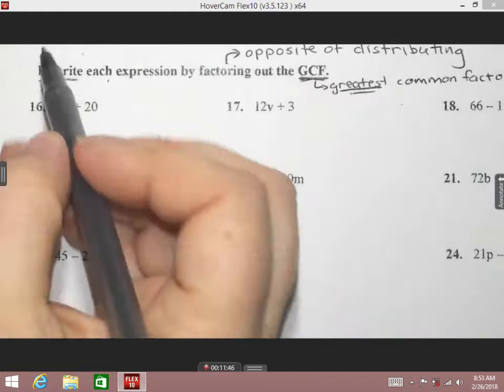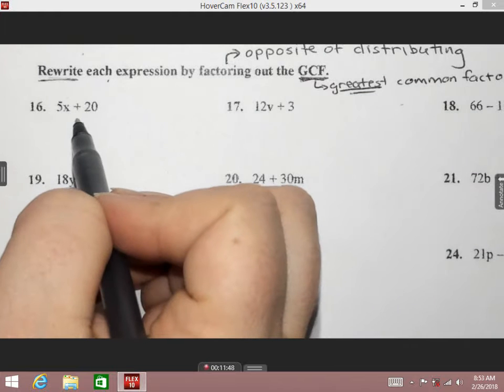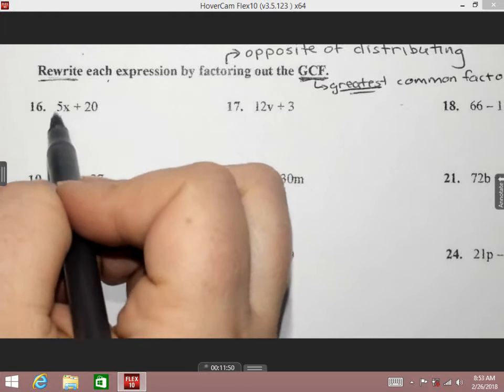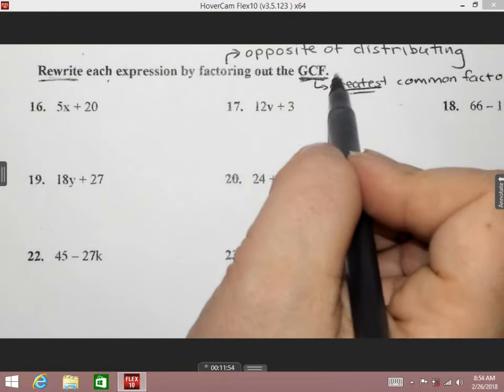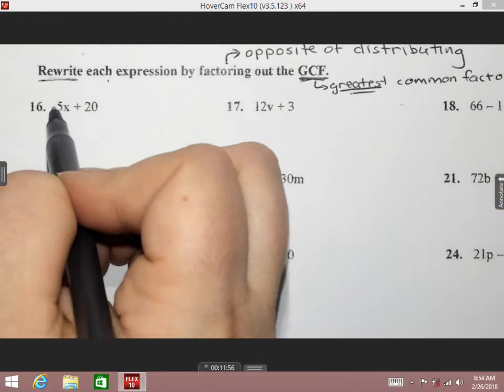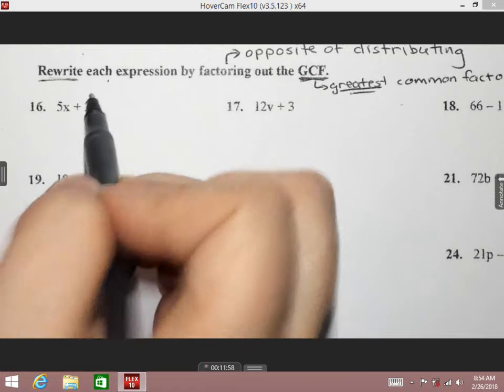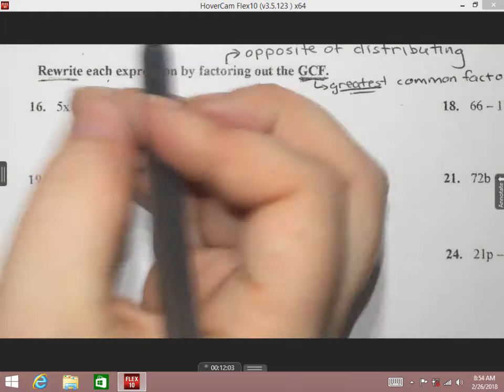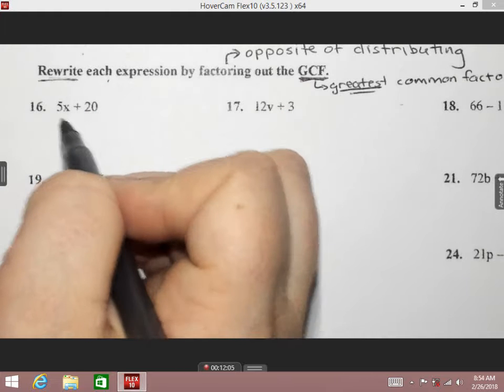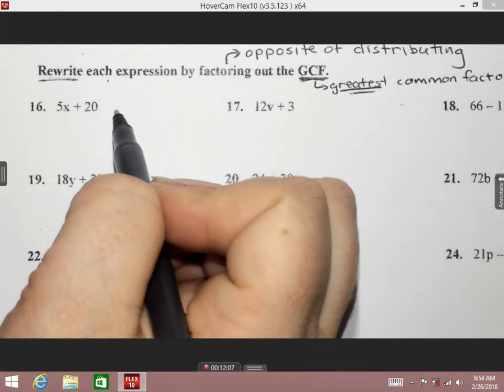I want us to think for a second. I've got the number 5 and the number 20. What is the biggest number that will go into 5 and into 20? What is the greatest number? Lyric? 5. 5 will go into 5, right? And 5 will go into 20. Okay?